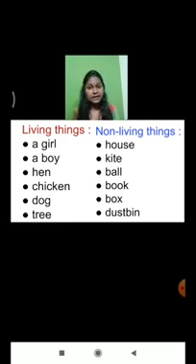There must be some criteria. Can I say that the house is living? Can I say that the book and the football are living? No, absolutely not. Can I say that the girl, the boy, the chicken and the dog are living? Of course they are living things.